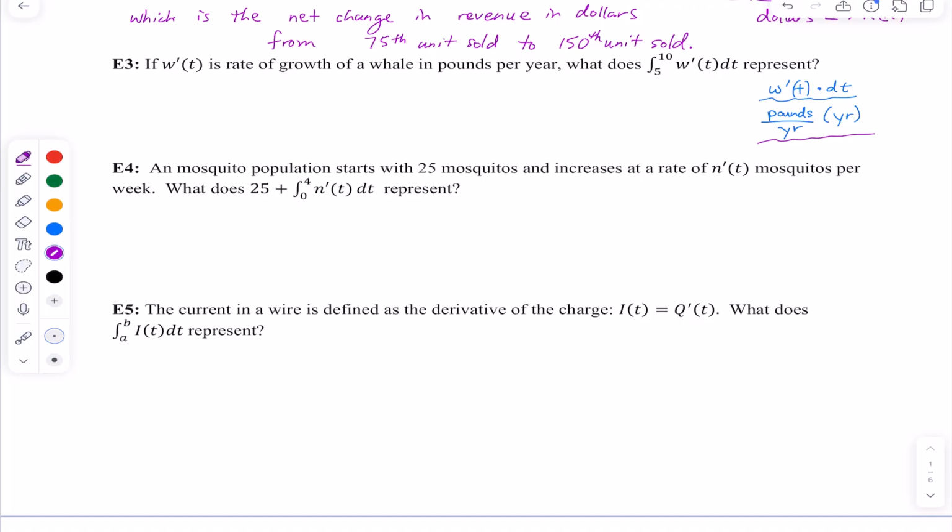We're left with pounds, and pounds must be a measurement of the weight of the whale. You might be noticing a pattern. And that pattern includes the word net change.